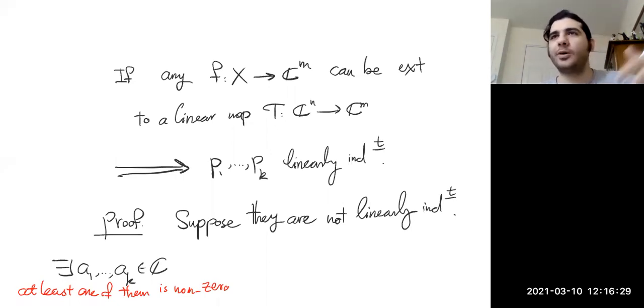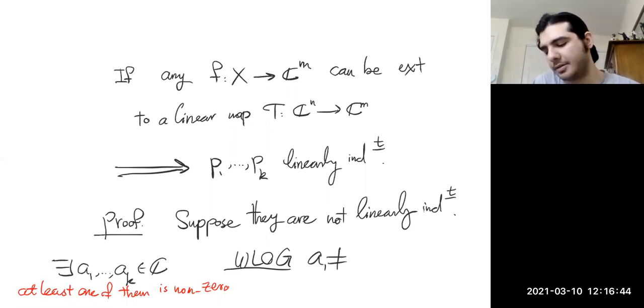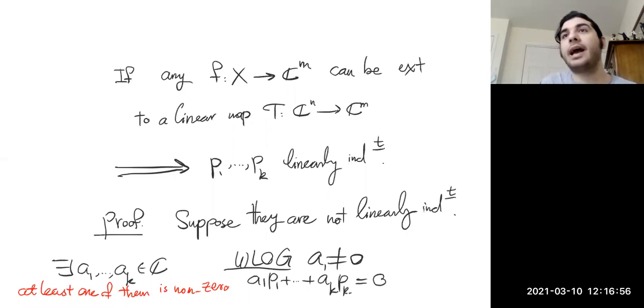Even if it's A2 or A3, this is just a notation. So without loss of generality, I can assume this is A1 that is non-zero. Okay? So there are A1 up to Ak, where A1 P1 plus up to Ak Pk is equal to 0. So we have a linear relation between these.